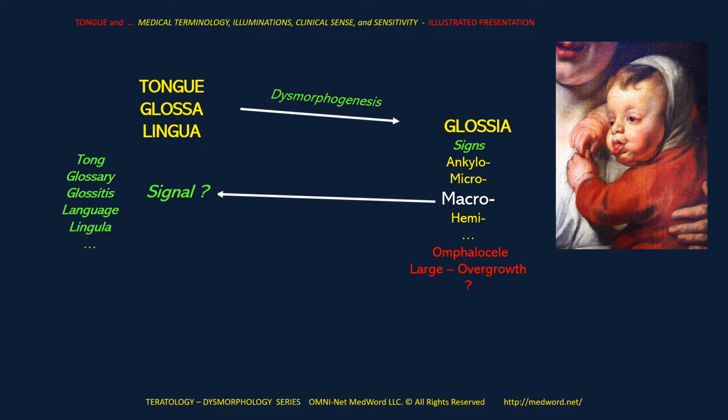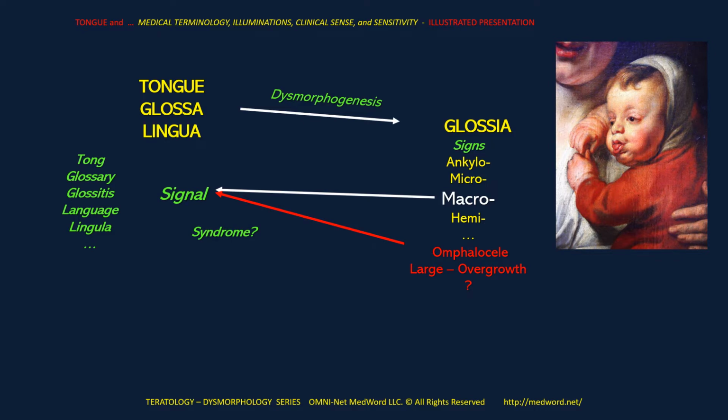And a wise clinician, a compulsive one, will notice that this child has an omphalocele and in general looks excessively large for his age, perhaps indicative of an overgrowth situation.